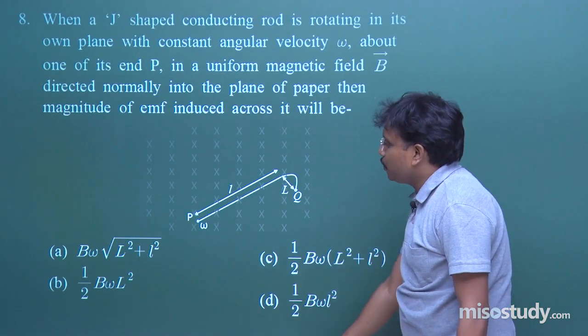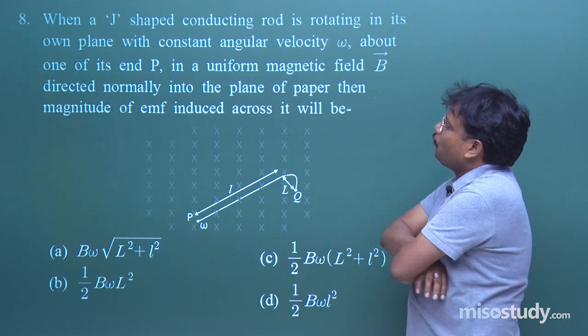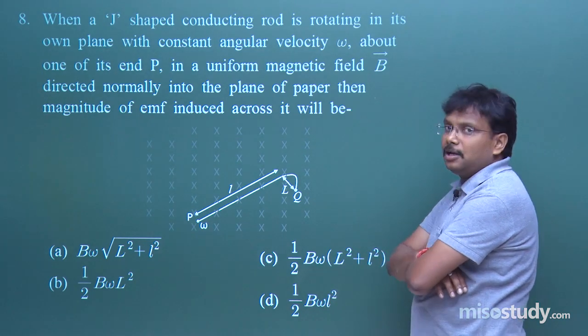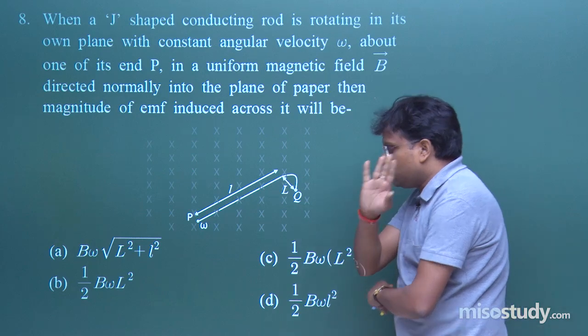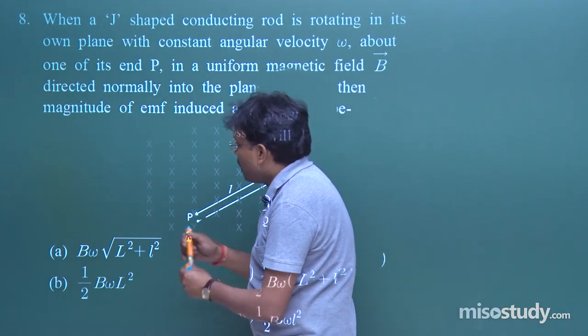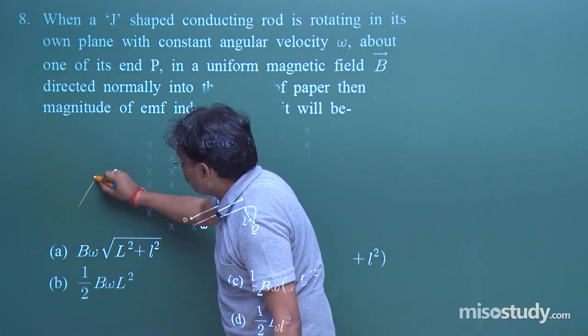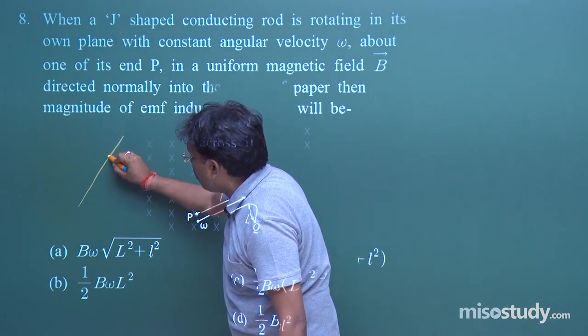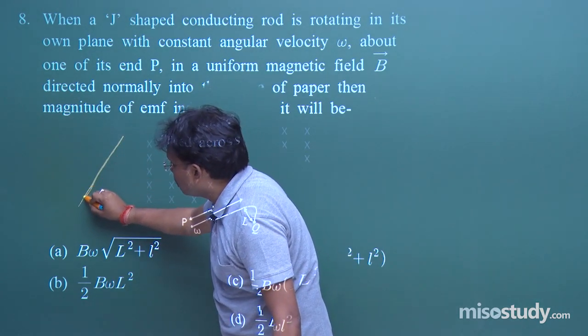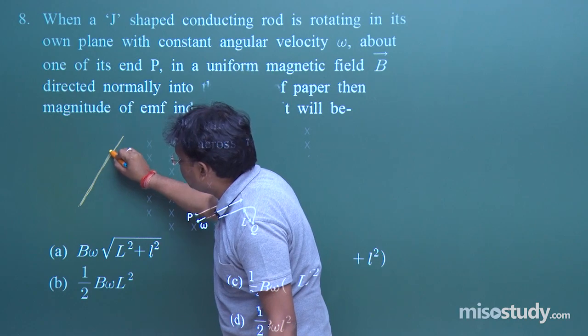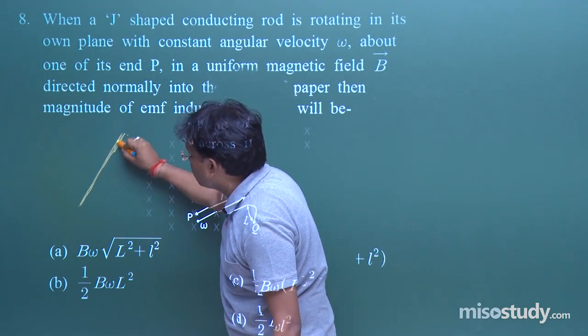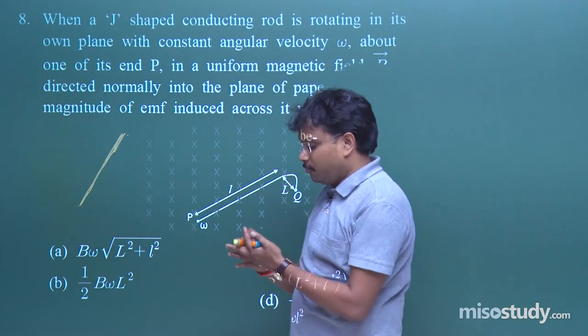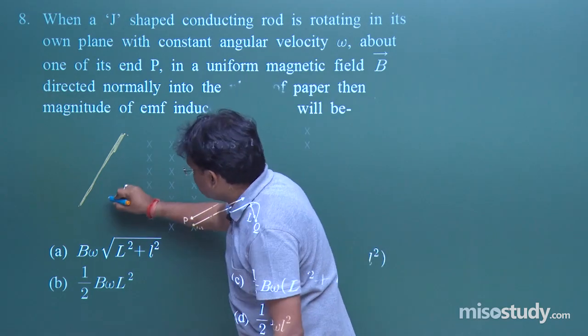Then it comes question number 8. When a J-shaped conducting rod, let me explain the diagram once again. I have a rod. The moment I say I have a rod, you will imagine it like this, okay? But here the rod is J-shaped. What is the meaning of J-shaped?